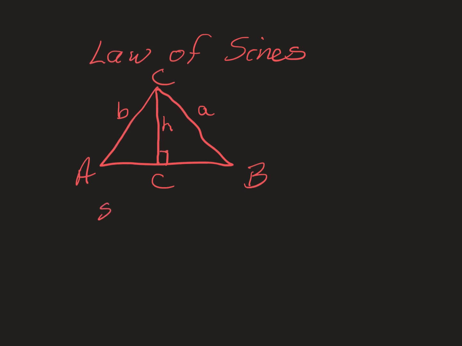If we look at this, then we can create little sine ratios. So I can say the sine of angle A is equal to h over the hypotenuse, h over b. All right? But I could also say the sine of angle B is equal to h over a. And what we notice is that both of these have an h.